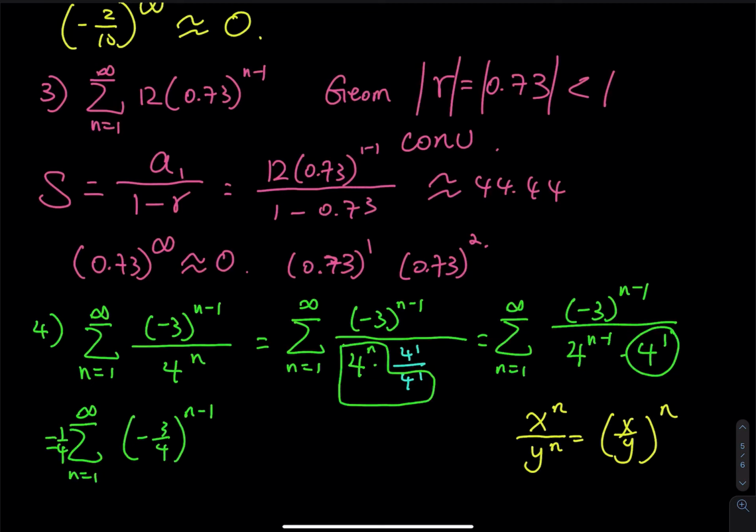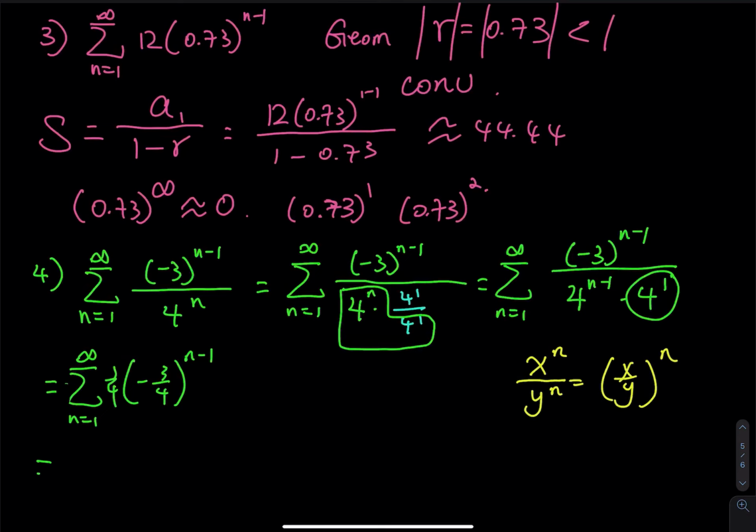If you hate putting a number out there, it is okay to put it right over here. That doesn't affect anything. So what is the common ratio? The common ratio r is equal to negative 3 over 4. The absolute value of that is 3 over 4. That is less than 1. So this is a geometric series. Common ratio is less than 1, so the series is convergent.